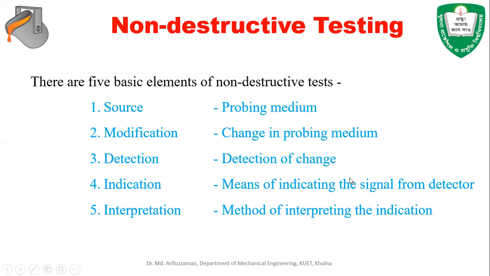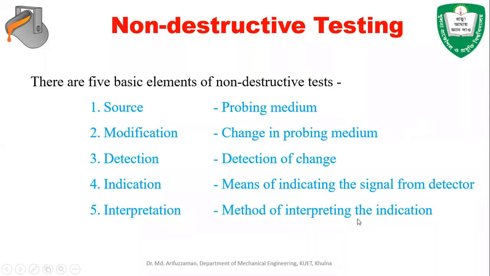And the fifth one is the interpretation. Once you say the litmus paper color has changed to blue, then what does it mean? There should be an interpretation technique, like what does blue mean, or if it is red, what does red mean? For example, if it is red, then you can say that it's an acid, and if it is blue, then you can say that it is alkaline.